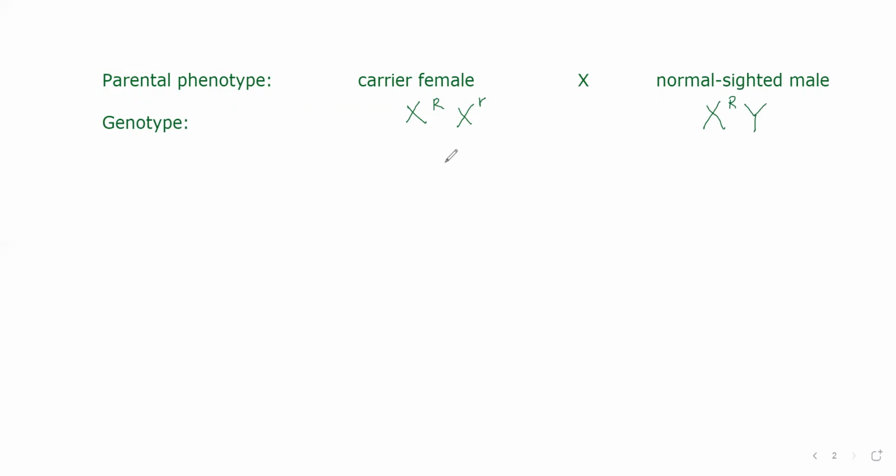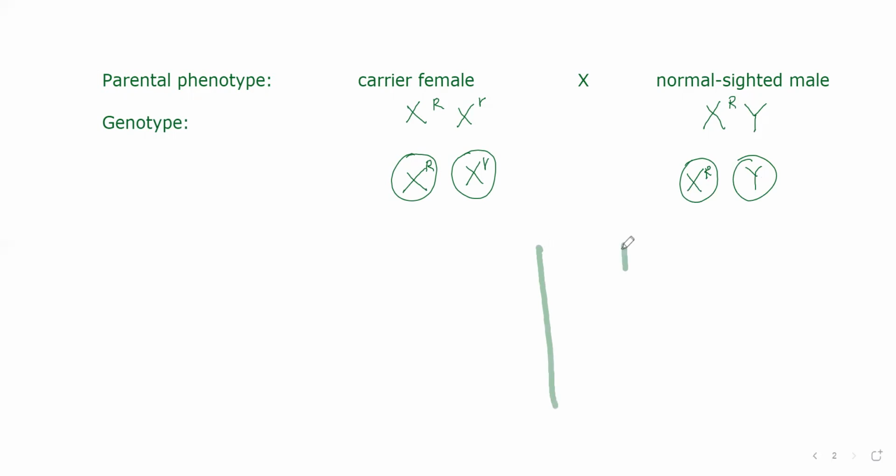As meiosis occurs, we will have one allele X capital R, and X small r, and here capital R and Y.